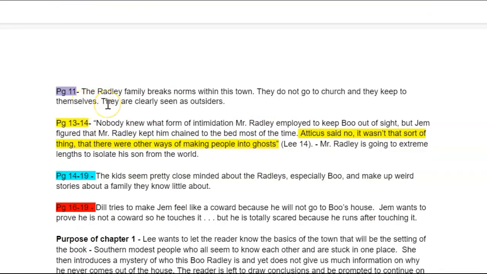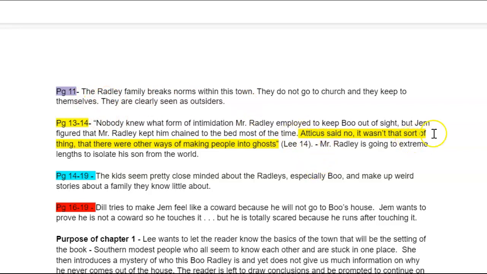So for this one, I put a direct quote because I thought it seemed like an important quote to list here. However, notice that most of the notes are just brief thoughts on a specific topic. But if you look here, it says, "Nobody knew what form of intimidation Mr. Radley employed to keep Boo out of sight, but Jem figured that Mr. Radley kept him chained to the bed most of the time."